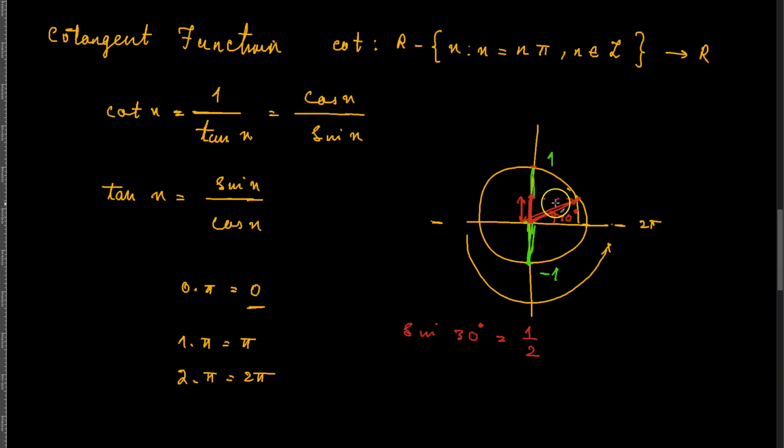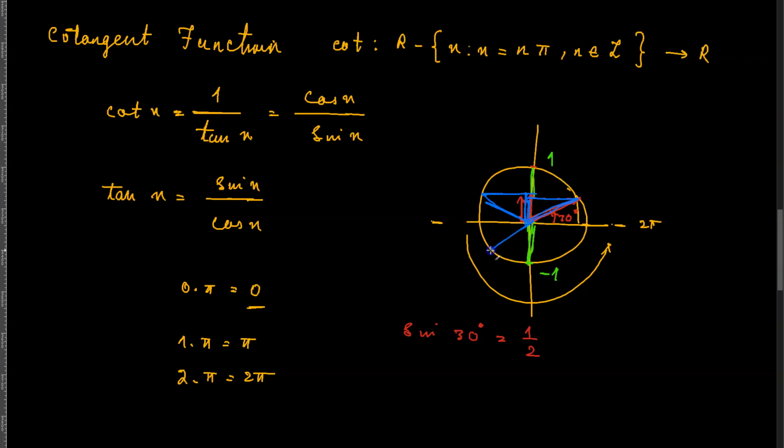If your angle is in the first quadrant, it's going to be positive. In the second quadrant, it's also positive, meaning that if you have some angle over here, the sine is going to be up here, a positive value. If it's some angle in the second quadrant, it's still going to be a positive value.